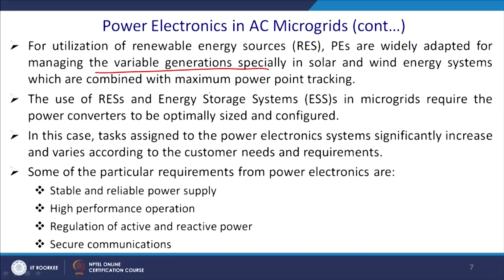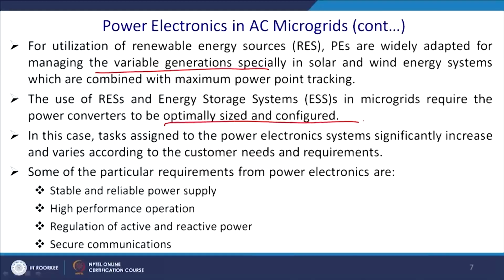The use of RES and the energy storage system in a microgrid requires power converters to be optimally sized and configured. You have to have a dynamic loading condition, and thus you can optimize, rather reduce, the size of the battery and increase the efficiency of the system.